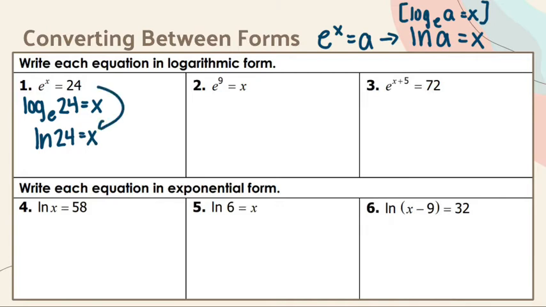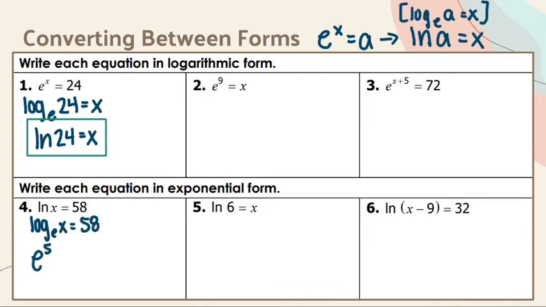So you can skip from there to here if you'd like, or if this step helps you, that's fine too. Just don't ever leave your answer like that. Then to convert the other way around, you can recall that this means log base e of x equals 58, which would mean e to the 58th power equals x. And this is our appropriately converted version.